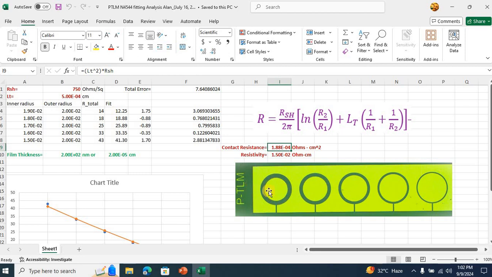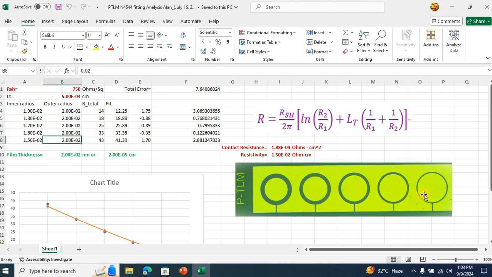The outer radii are the same. These contacts have an outer radius, R2 in this equation, of 200 micrometers each. In this column, I mentioned the outer radius in centimeters, 0.02 centimeter, which converts to 200 micrometers for each of the 5 contacts.